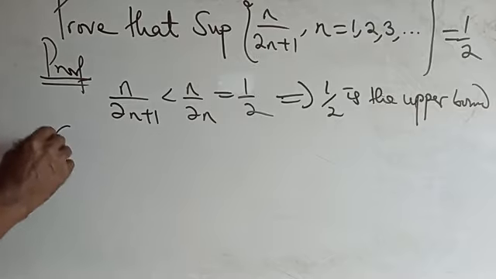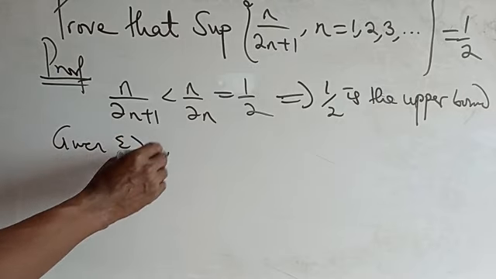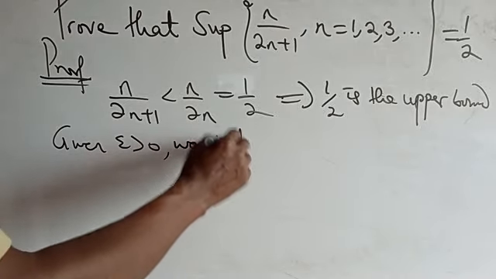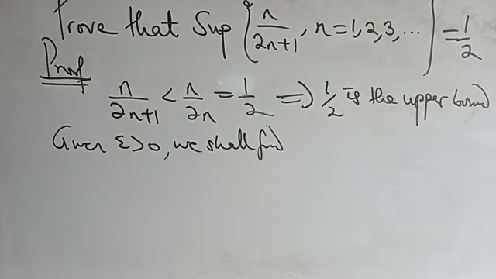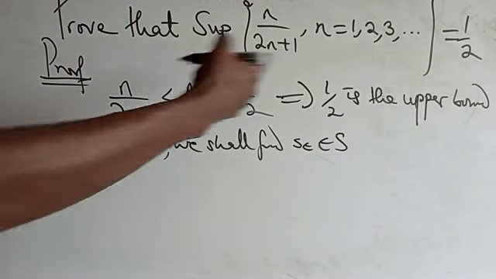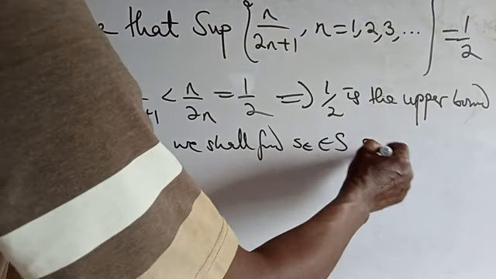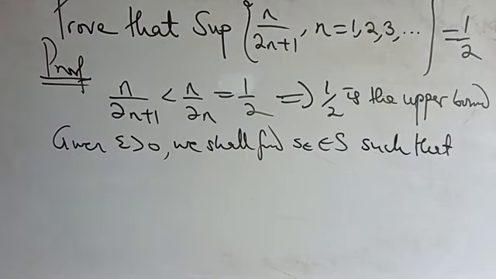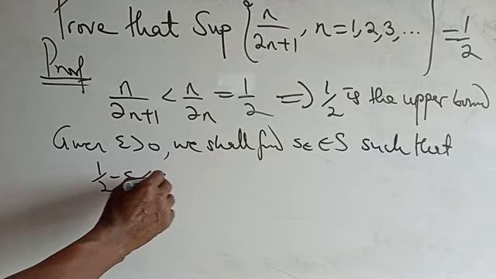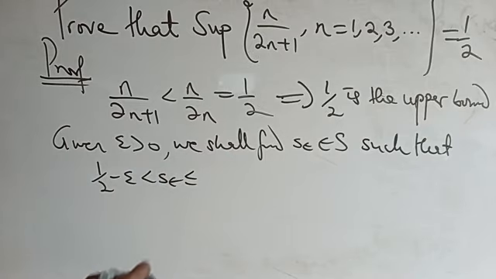So let's say now, given an epsilon greater than 0, we shall find, by the definition of the supremum, S of epsilon in the set given to us, such that half minus epsilon is less than S of epsilon, which is less than or equal to half. I hope you understand that.